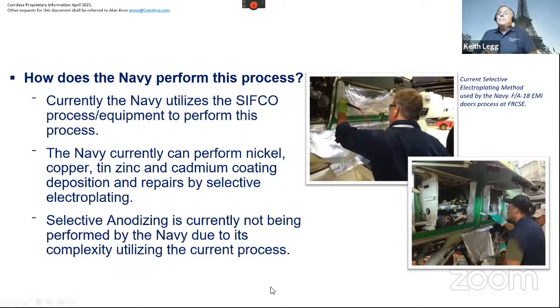All right. But when you start working on a plane, it can be very, very complicated, because now you've not just got something that you can put in a lathe and run the way they did in those pictures. You've got to make sure that none of that electrolyte ends up inside the plane or in the electronics or dropping down the wheel wells.